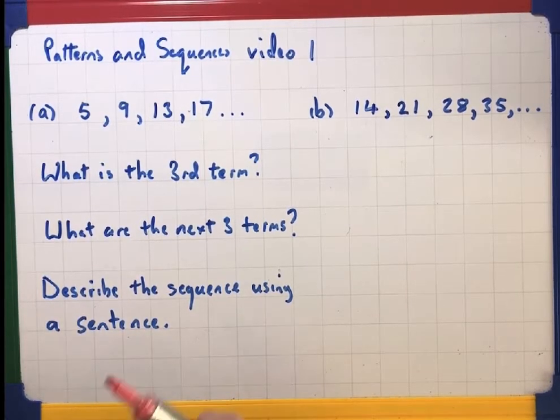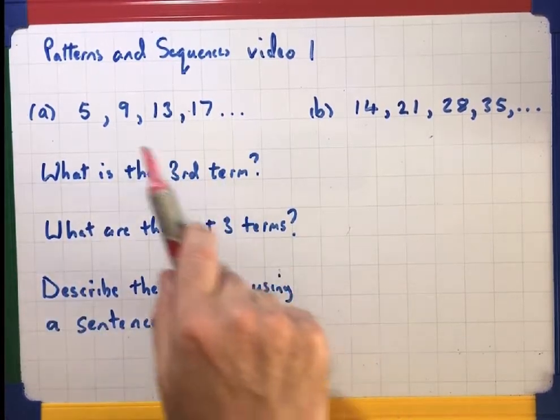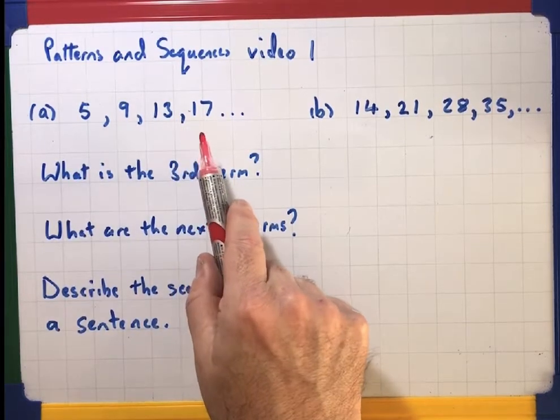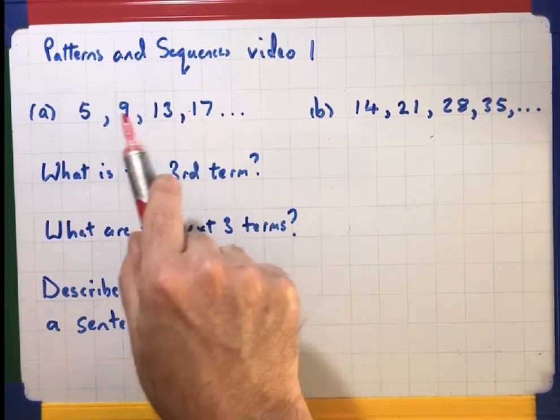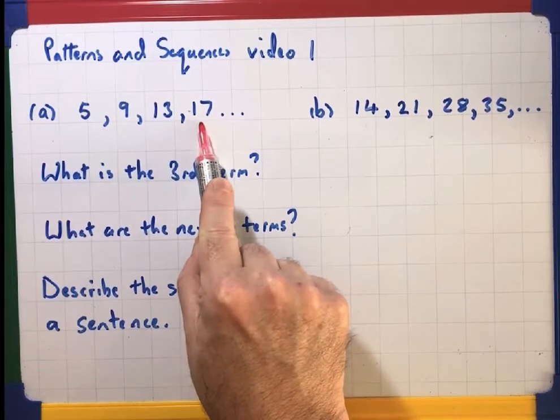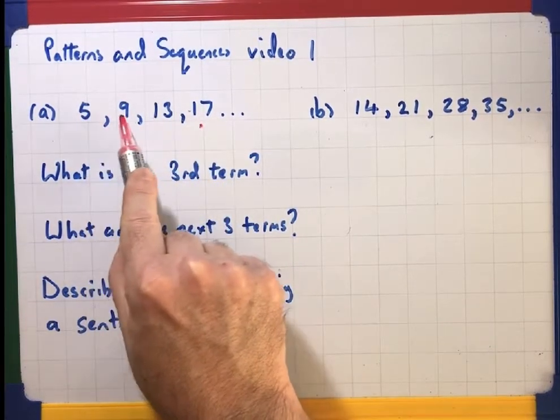Also, we're going to have a look at something called a term. If you're talking about a list of numbers, where it is in that list, we would call each individual bit of that list a term. So if you look at this 17 here, that's 1, 2, 3, 4.